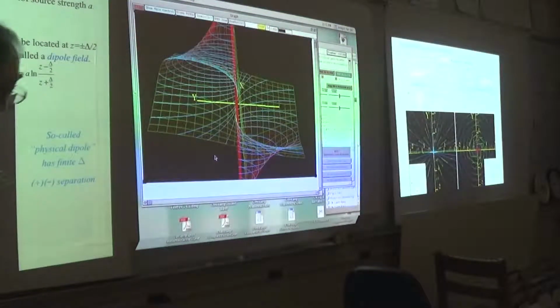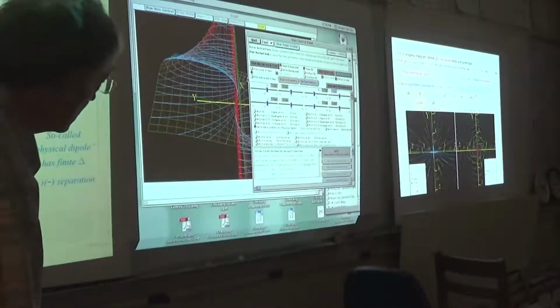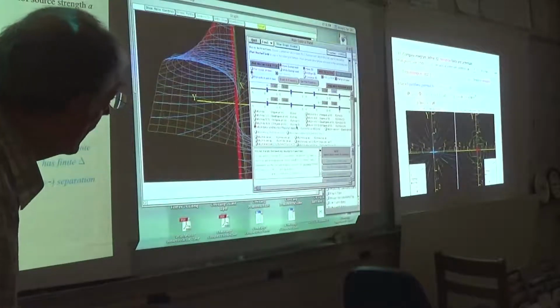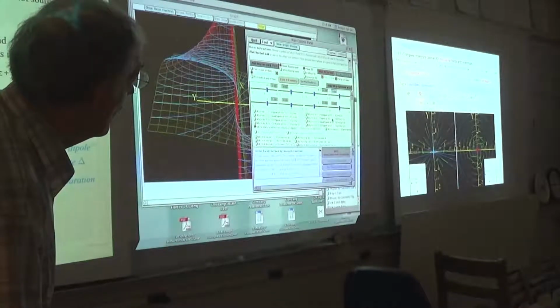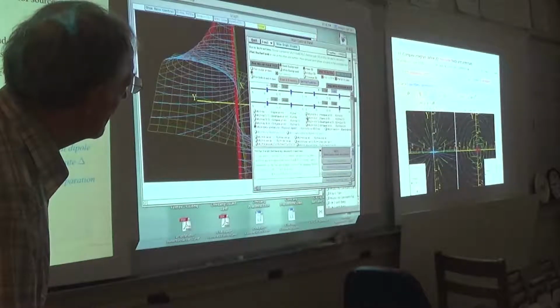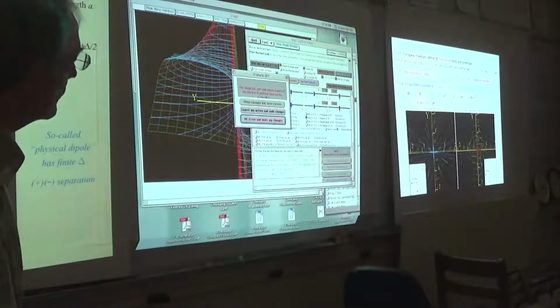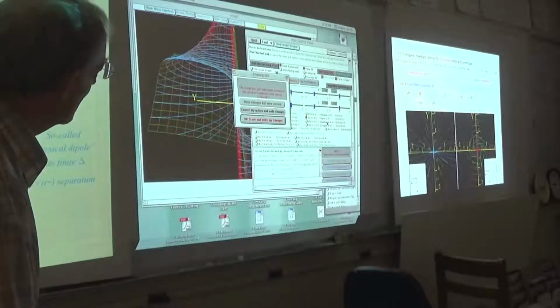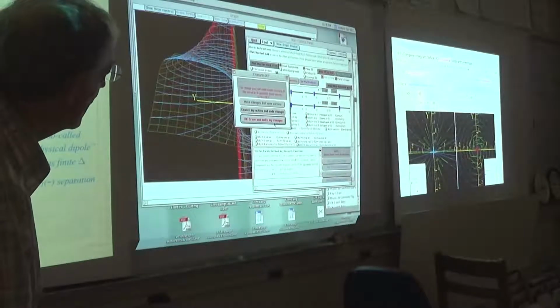Okay, let's go ahead, and I'm going to switch over from the physical dipole to the plain, ordinary, old-fashioned English dipole, which is this guy right here. I've got this program so that when you do that, I'm going to erase all of the things that I put in there.